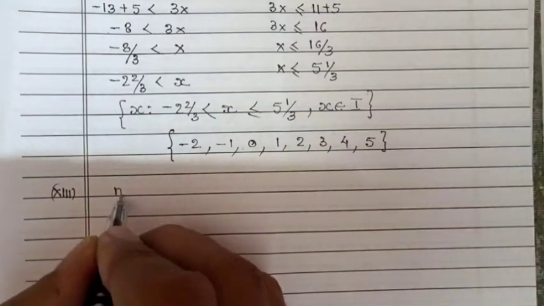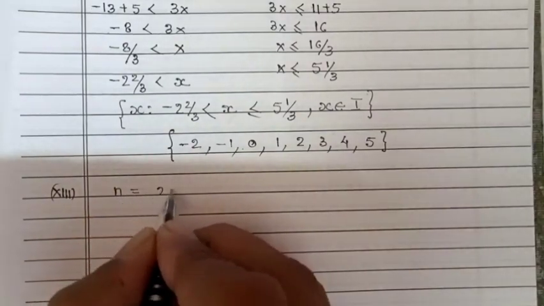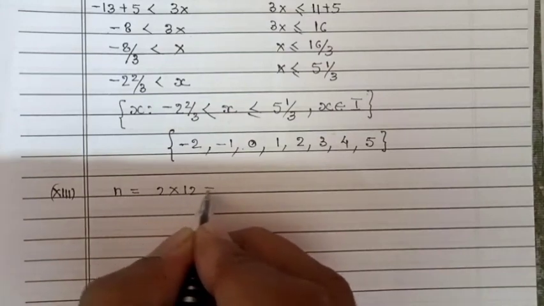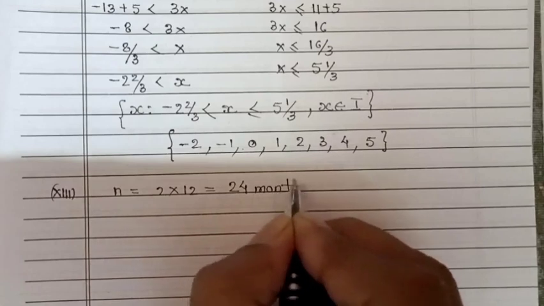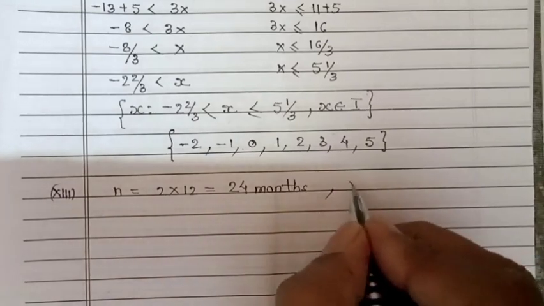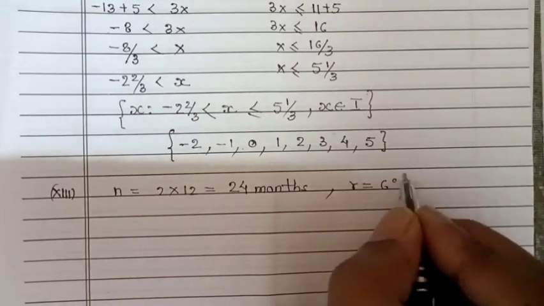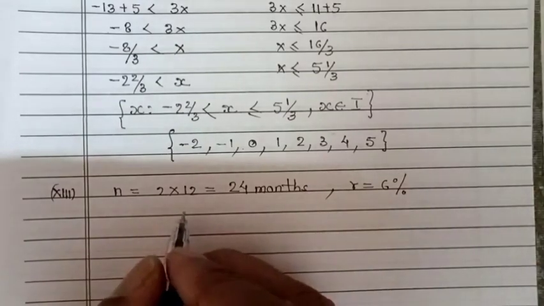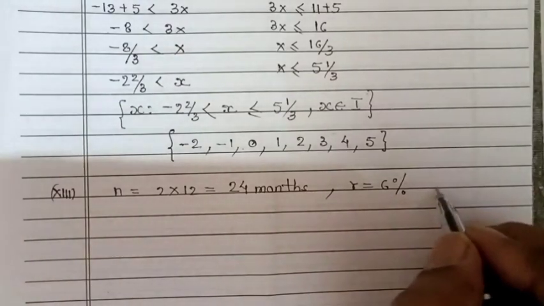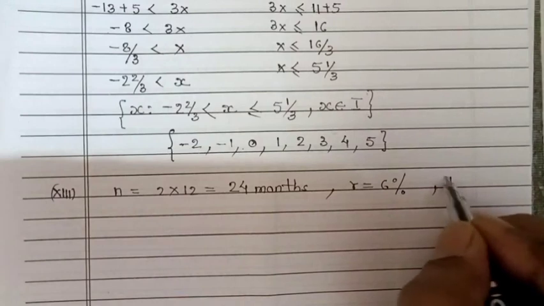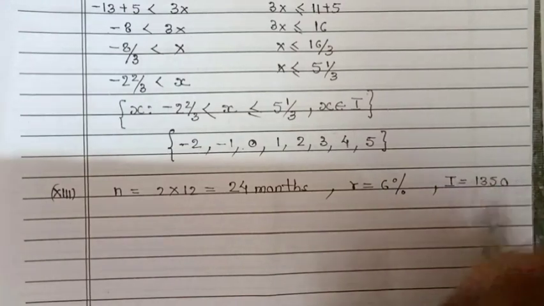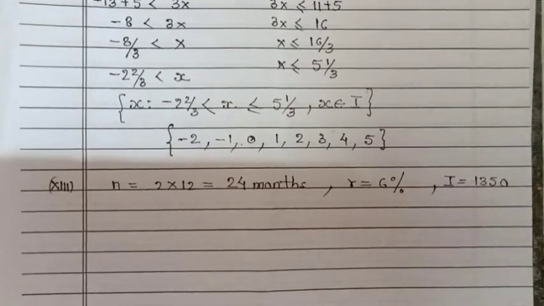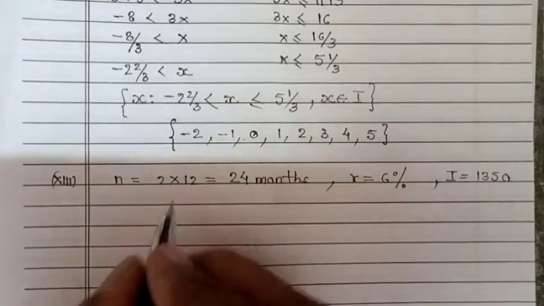Here time was given n as 2 years, so you will convert it into month. So we have 24 months. Rate was given as 6%. Then the question says that he is getting interest 1350, and you have to find his monthly installment. Now interest is given to you.